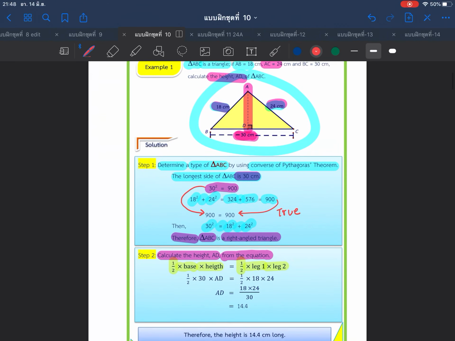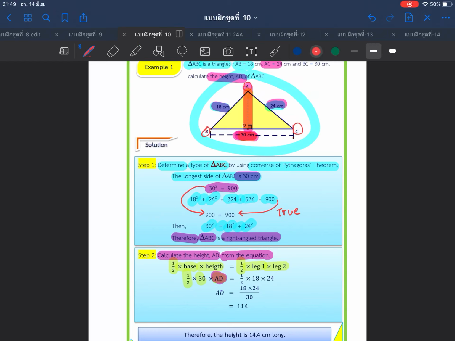From triangle ABC, we can calculate the area of this triangle by taking a half times base. The base is 30 here, right? And the height can be AD. We don't know AD, so we just put AD like this.